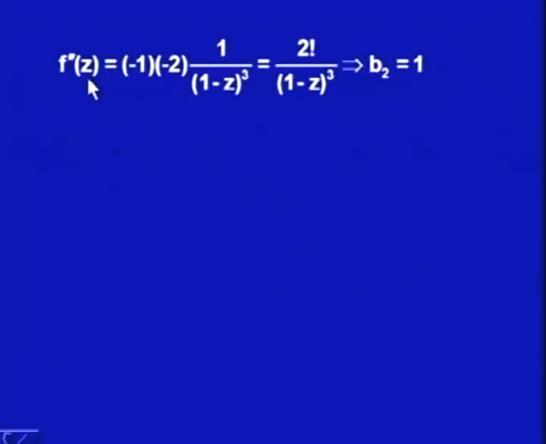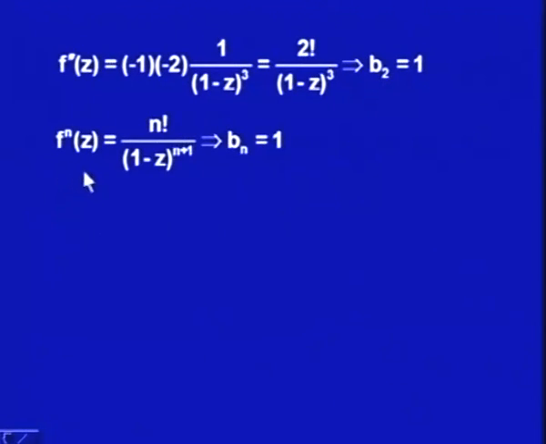Similarly, for the second coefficient b 2, we have to evaluate the second derivative at z is equal to 0. The second derivative comes out to be minus 1 into minus 2 into 1 over (1 minus z) cube, and this simplifies to factorial 2 over (1 minus z) cube, evaluated at z is equal to 0. This gives me b 2 is equal to 1.